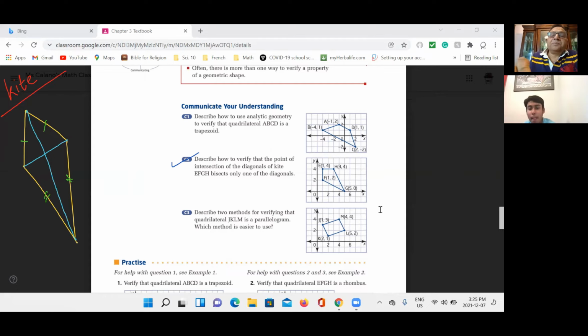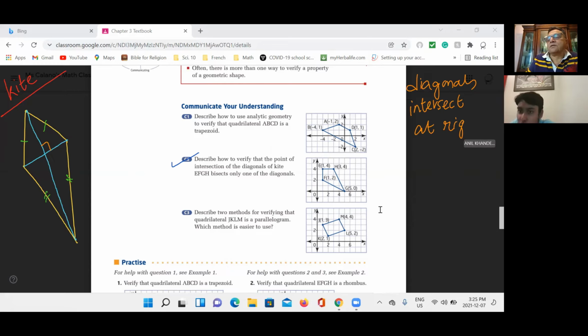Now, in this particular case, both the diagonals for a kite will always intersect at right angles. So diagonals intersect at right angles. Is this a special property, sir, that all quadrilaterals intersect at 90 degrees? No, not all. Only kite, square, and rhombus intersect at right angles.